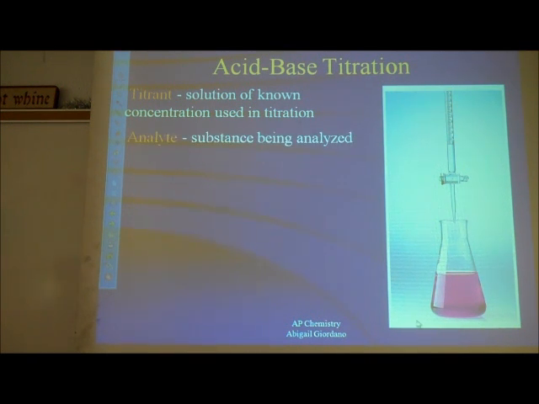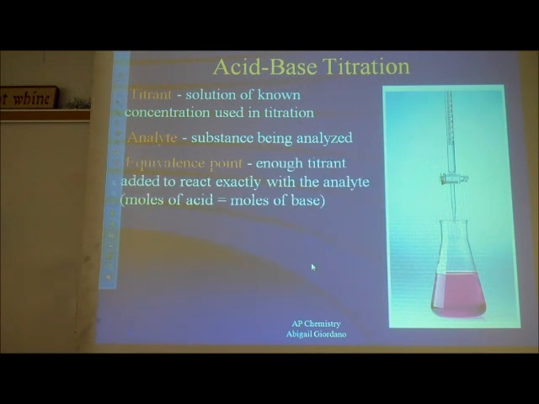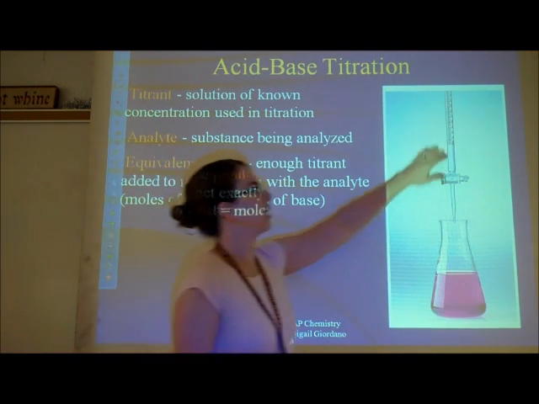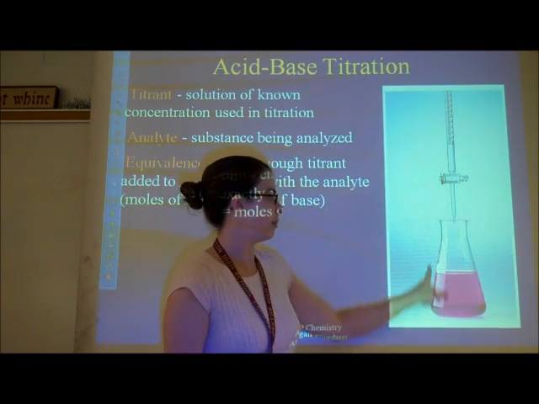Whichever one you have down in the flask is called the analyte. Okay? Again, doesn't matter if it's the acid or the base. And folks, the entire purpose of doing a titration is usually to reach what is called the equivalence point. So I want you to imagine that I've got the acid up here and the base down here.